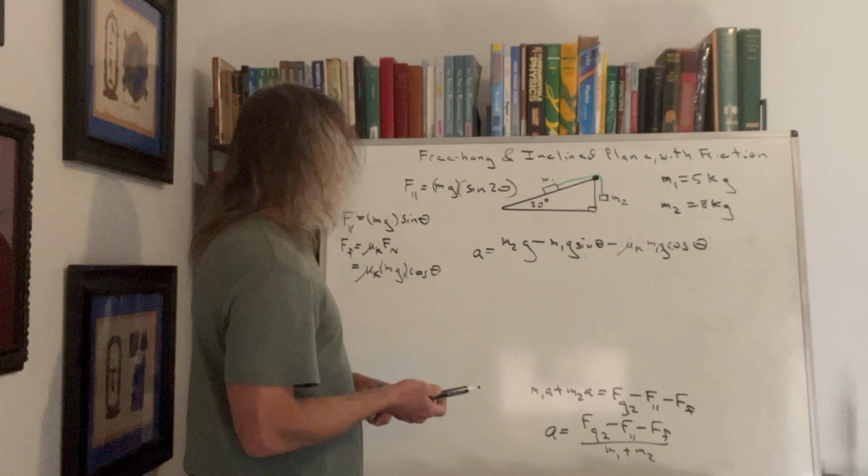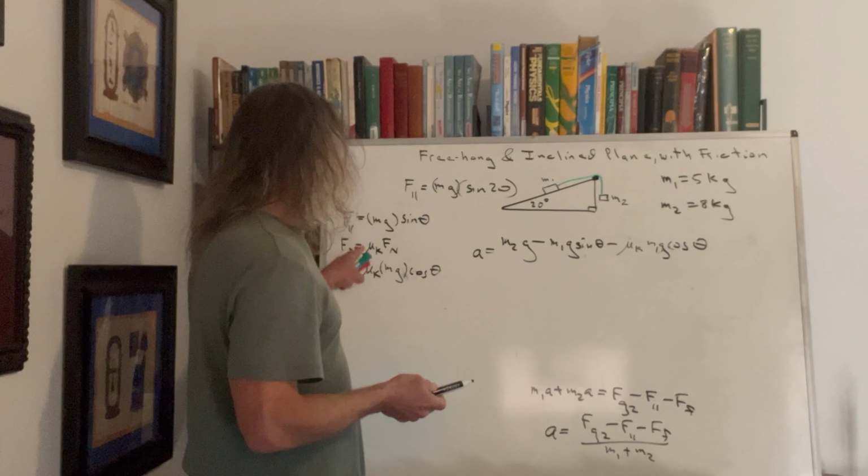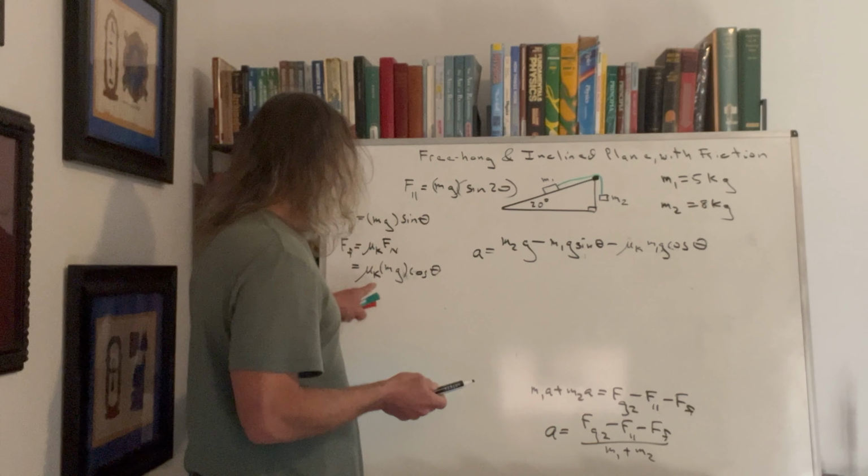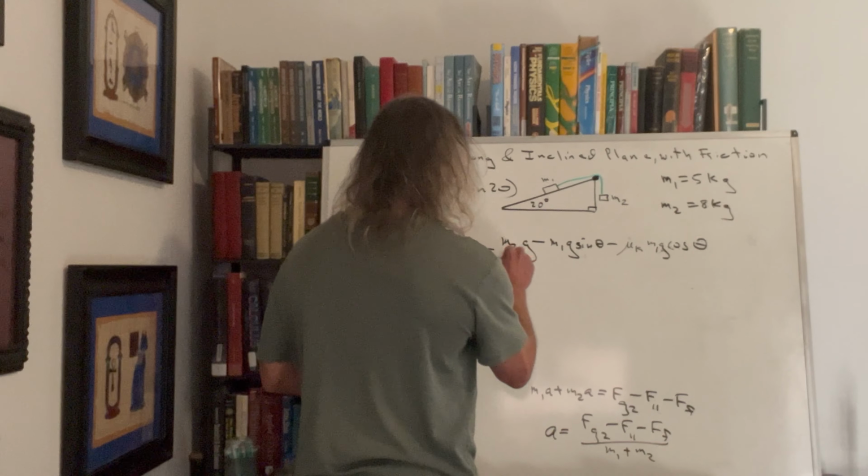So parallel and friction are on M1. So M1 G sine theta, mu sub k M1 G cosine theta, over M1 plus M2.